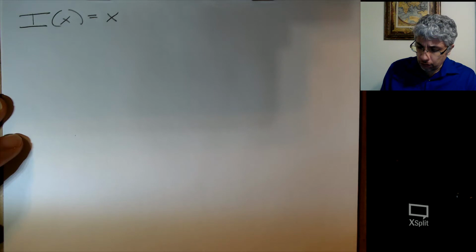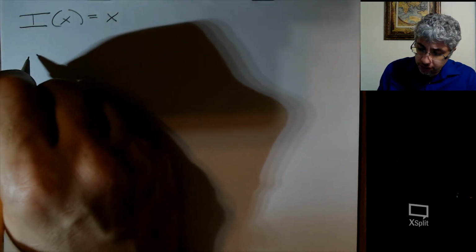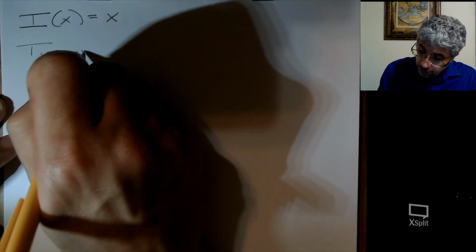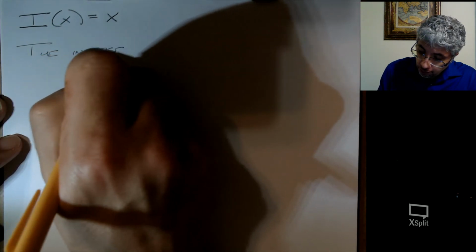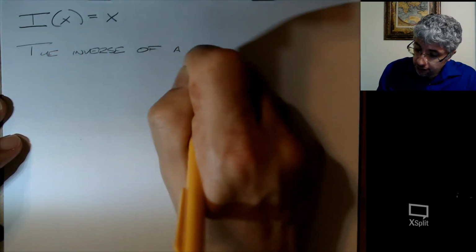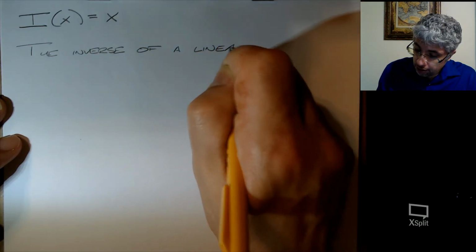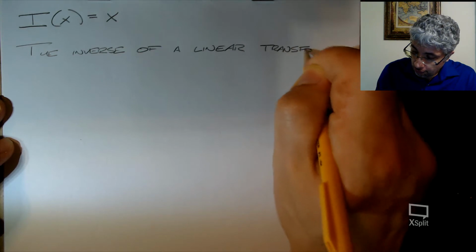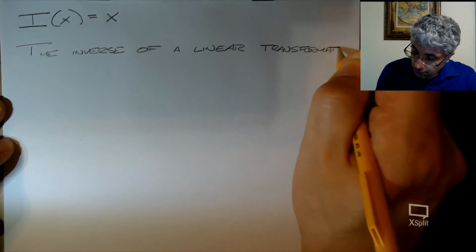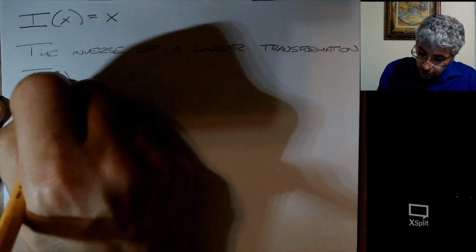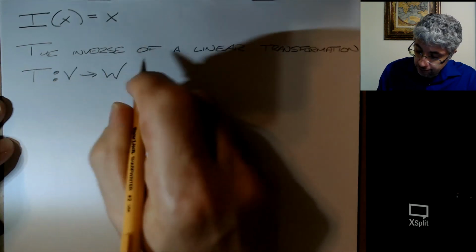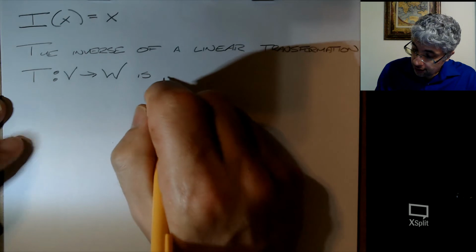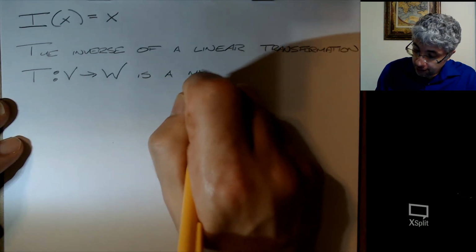So what are we going to do here? Well, we'll say the inverse of a linear transformation T from V to W is a map.